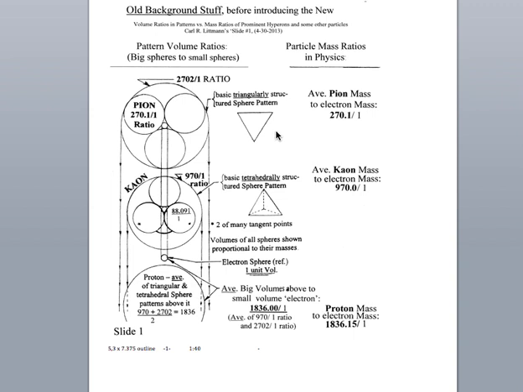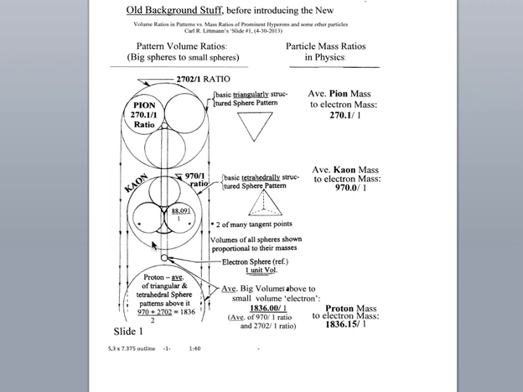So let's just average the two volumes together, the 2702 to 1 ratio and the 970 to 1 ratio, and draw a sphere volume near the bottom of the page equal to those patterns averaged together.